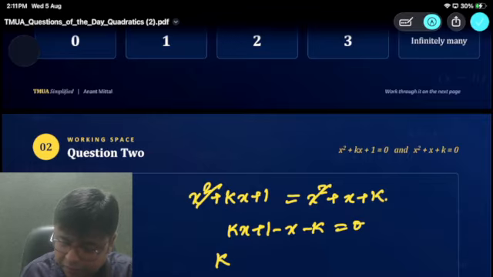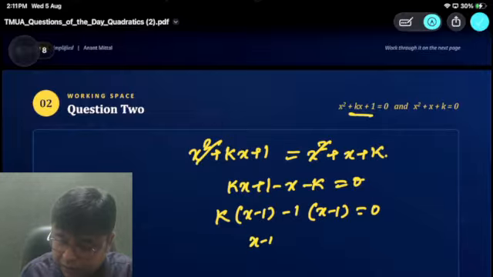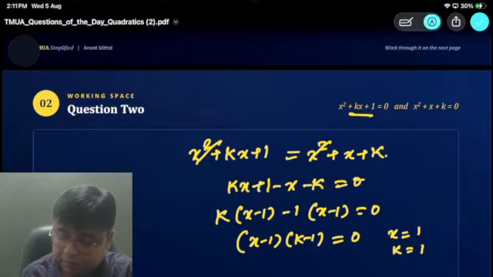So I get kx plus 1 minus x minus k equals 0. Okay, this is what I have got. If I factorize it, it gives me k minus 1 times x minus 1 equals 0. So x is either 1 or k is either 1.